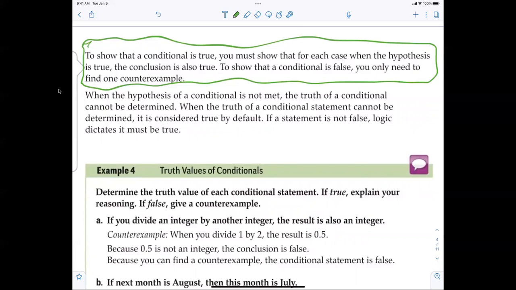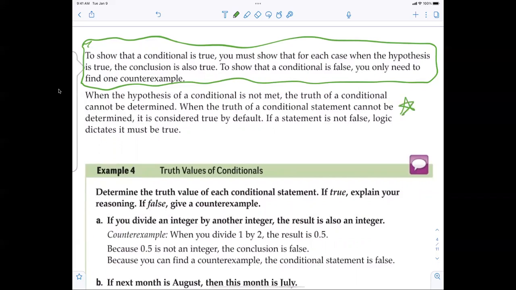But they're saying, when the truth of a conditional statement cannot be determined, it is considered true by default. If a statement is not false, logic dictates that it must be true. Right?